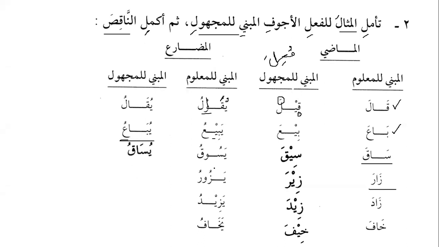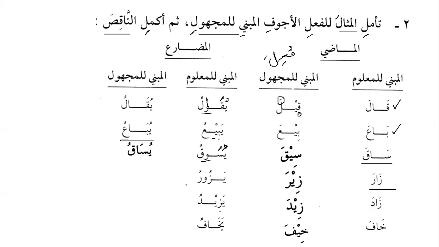Yusaqu, excellent. What we have to do: the first letter always takes dhamma, and the second one changes into fatha. When we change it into fatha, the waw automatically changes into alif, because when waw is sakin and there is fatha before it, it changes into alif.